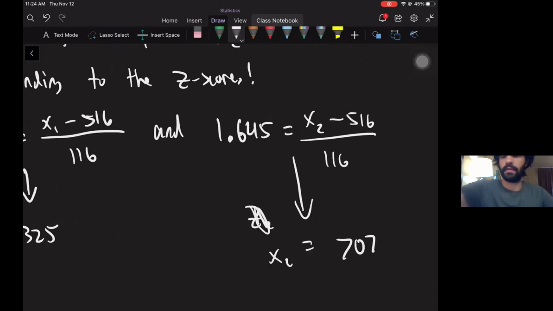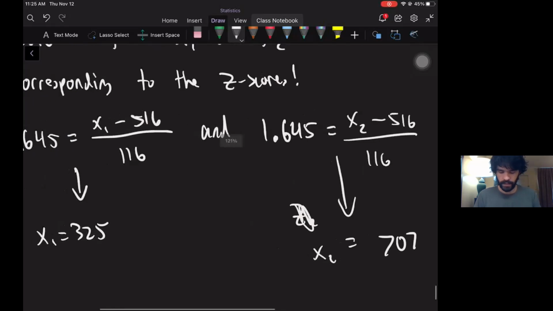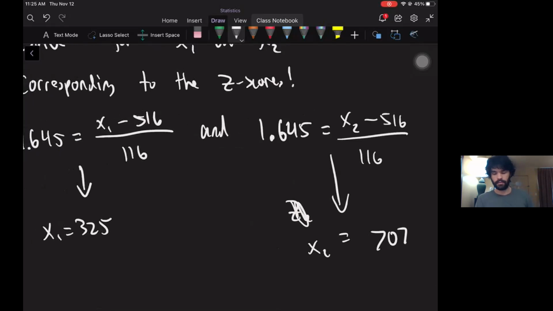My PC is about to die. Sorry, let me just. Okay. So those are my two SAT scores corresponding to the two z-scores, and I have a probability of 0.9 in between them, aka an area of 0.9, aka 90% in the middle.